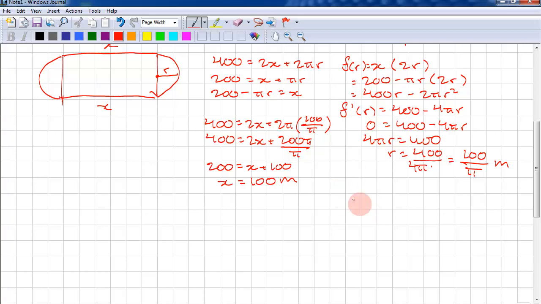So the second derivative of r equals negative 4 pi. Since there's a negative, it's concave down, which means concave down on an x and y axis. So the point up here would be the maximum, which is what we found here.